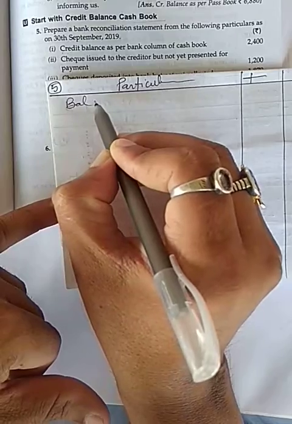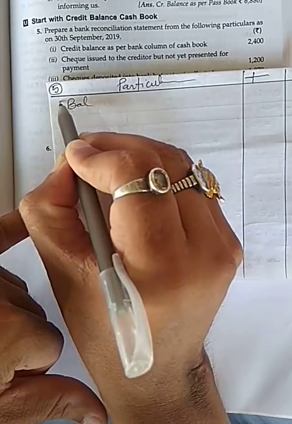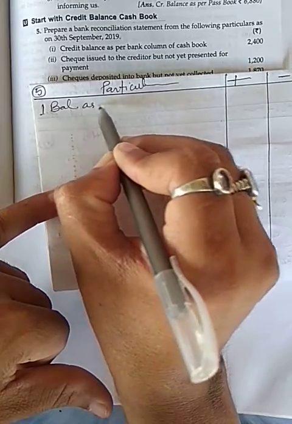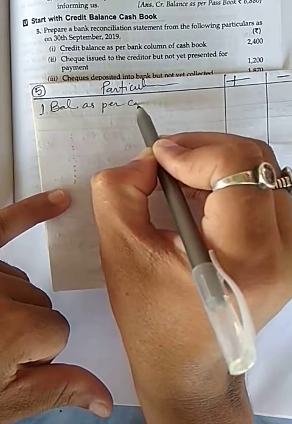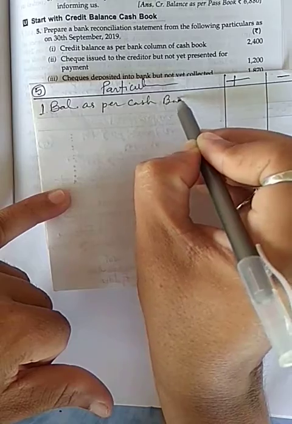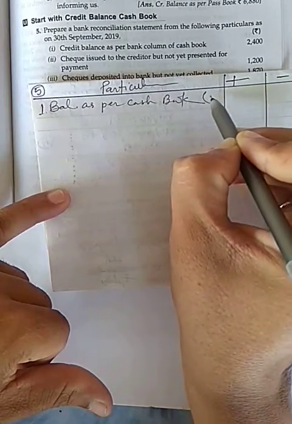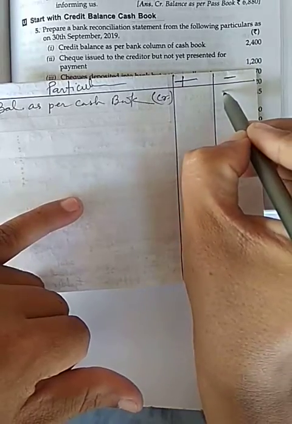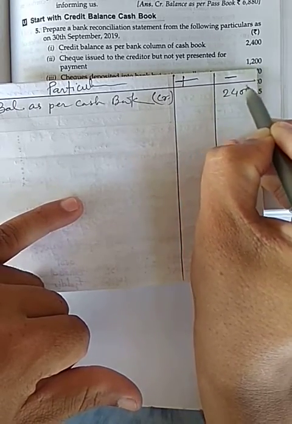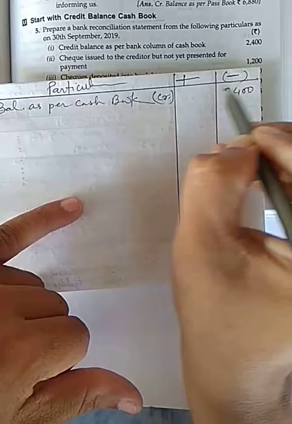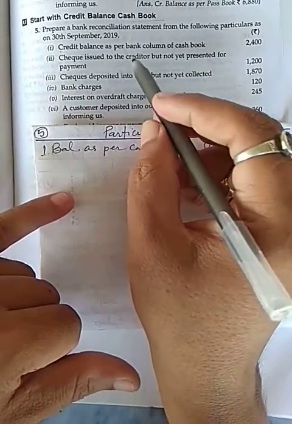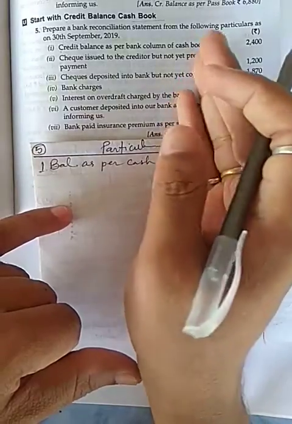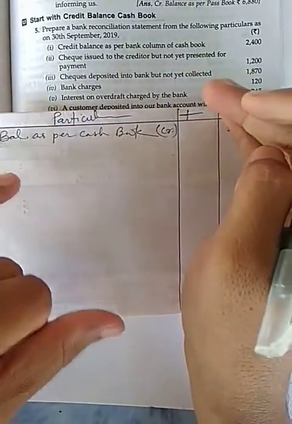First statement is given, balance as per cash book, and it is credit given. So I will write 2400 in minus side, and remaining all the thing will be same as we have shifted in plus side and minus side.